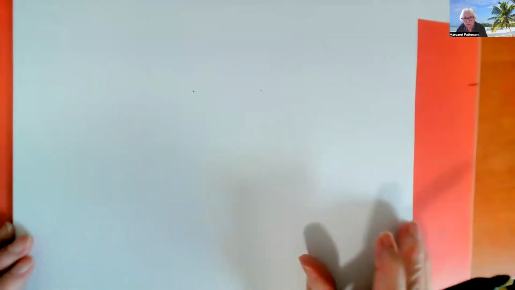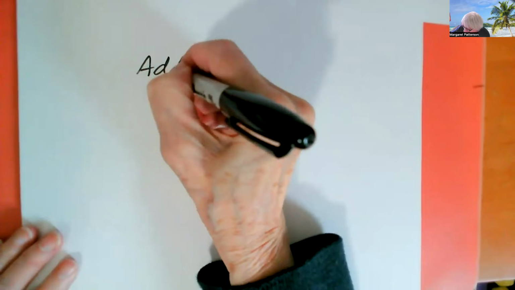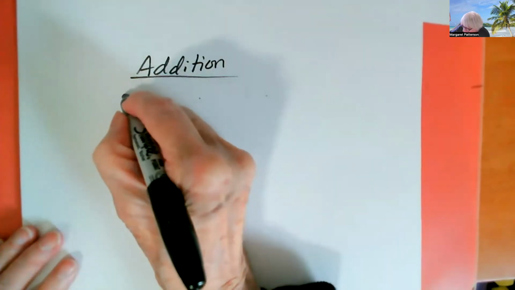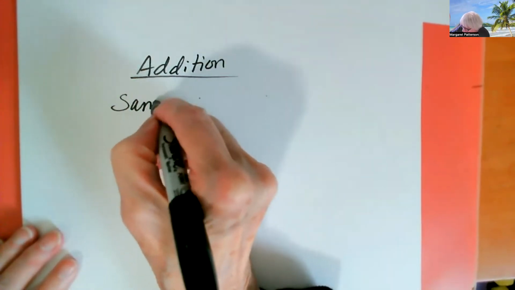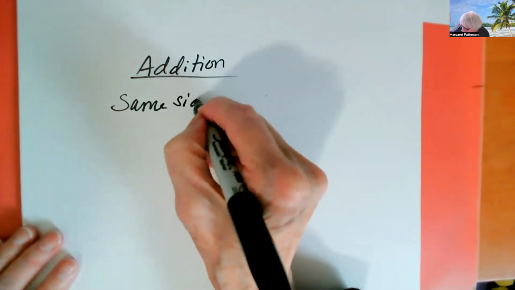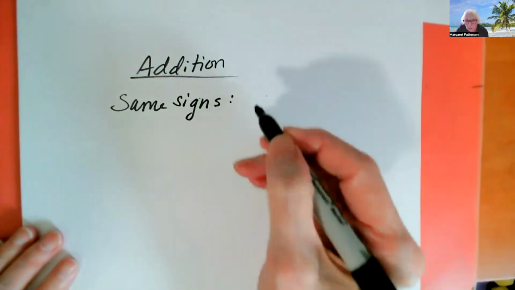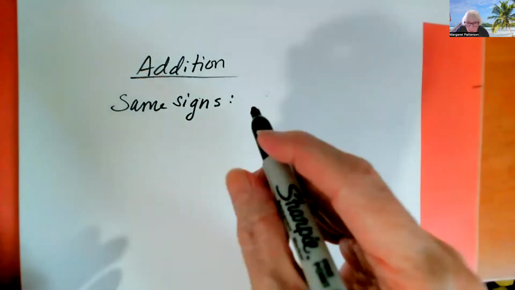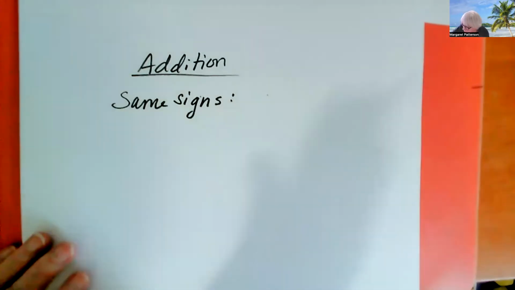So let's go over this and see the big picture. If it's addition and you're adding the same signs, okay? So they're either both positive or both negative. So I'll give you some examples so that you know.